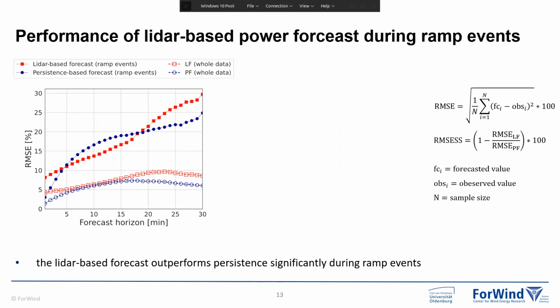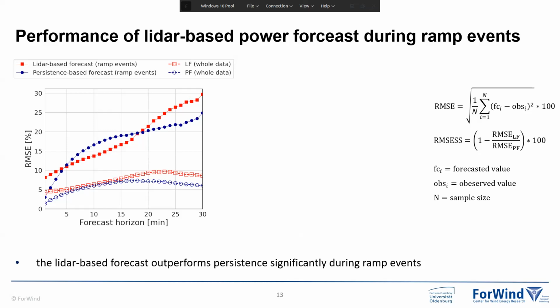And we start off with the root mean squared error, and we distinguish between the whole data set, so with the empty boxes, and the filled boxes are then the ramp events. And what we can see for both cases, we have problems in actually predicting the ramp events, but we can already here see that the LiDAR-based forecast has a lower RMSE than compared to persistence.